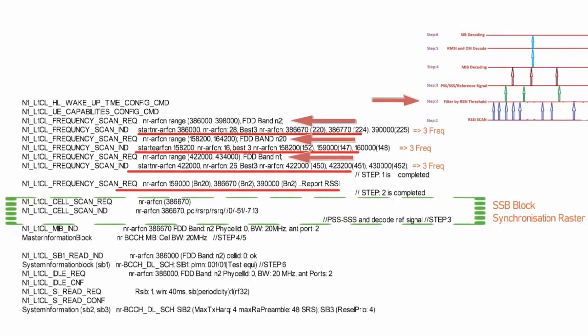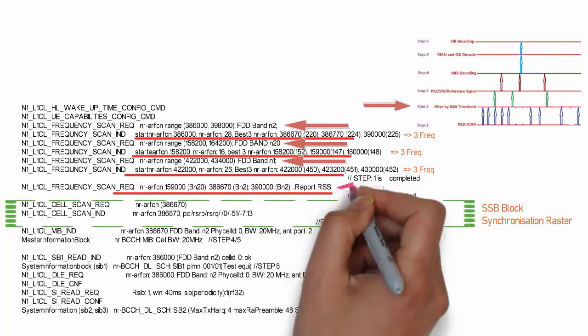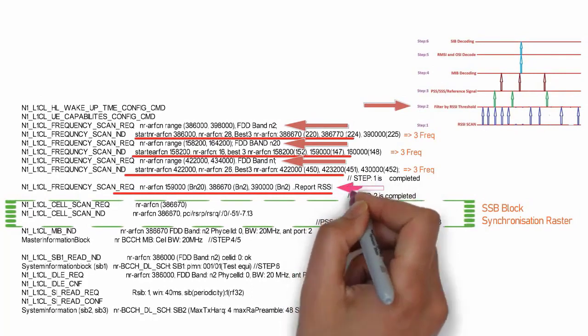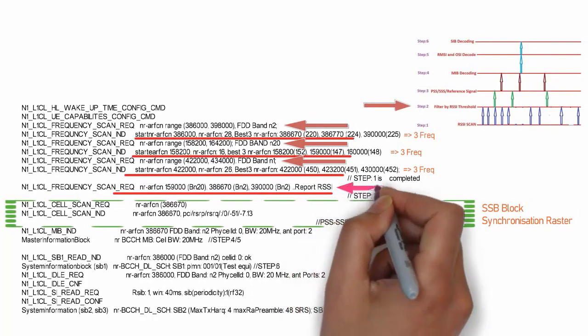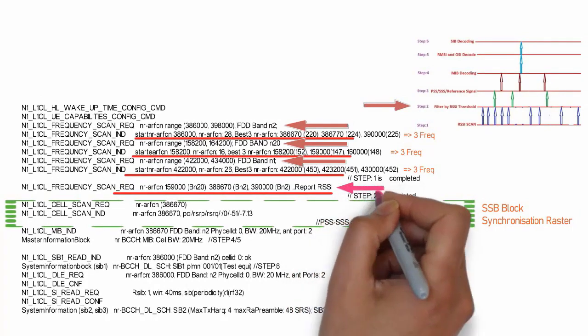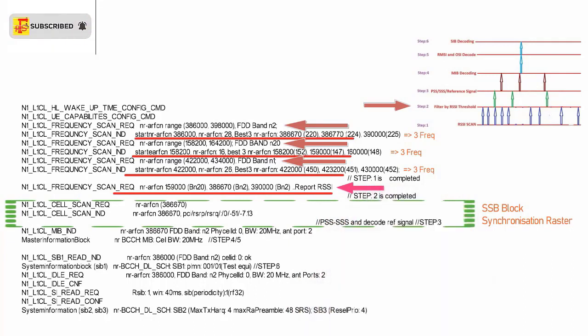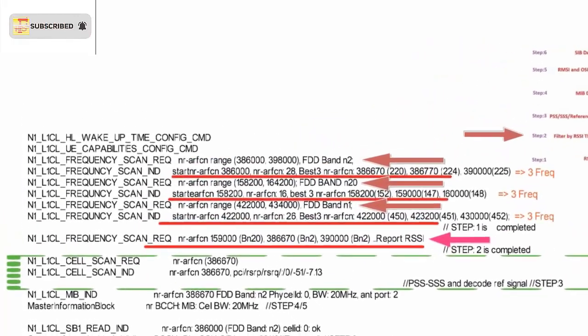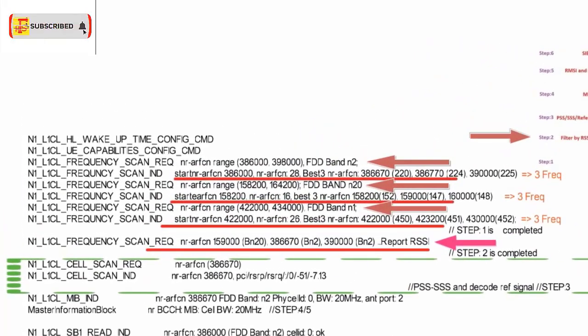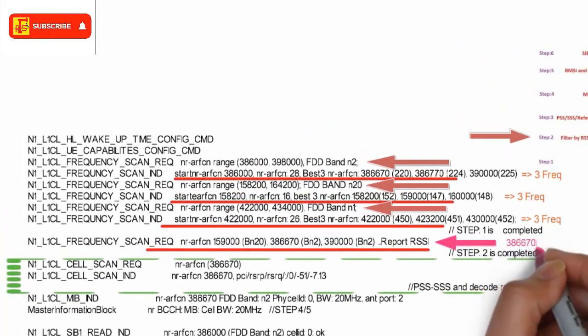Now, from the step 2 list, how many frequencies were there? 3. So one by one you will start the synchronization process for all 3 frequencies. In step 2 we can see the first preferred NR ARFCN is 386670.